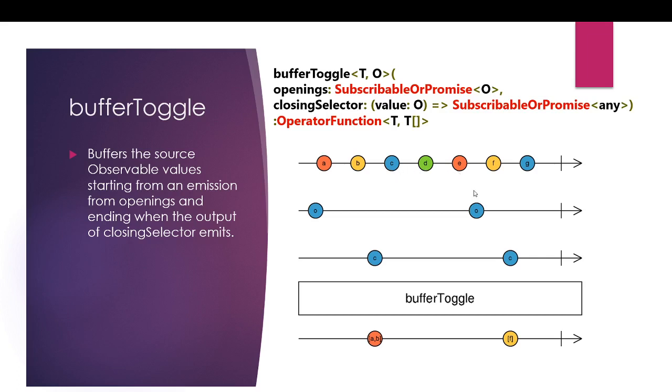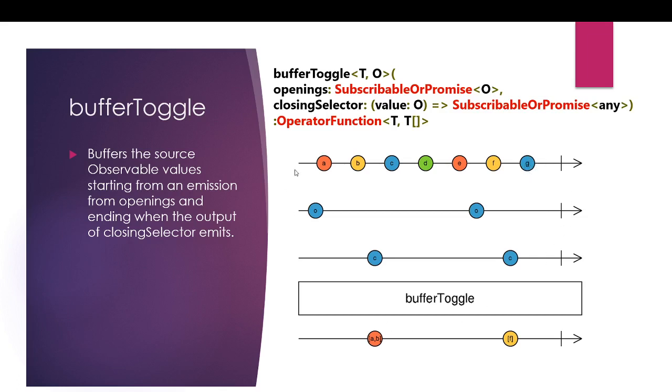Here again I'm opening up, emitting one more value, so f is going to be stored in my buffer, and I'm closing it again after some time, before emitting z. So only one value, f, is stored in my buffer, and once it is closed it emits and resets my buffer as well. After that there is no value from the opening subscribable, so g is going to be skipped.